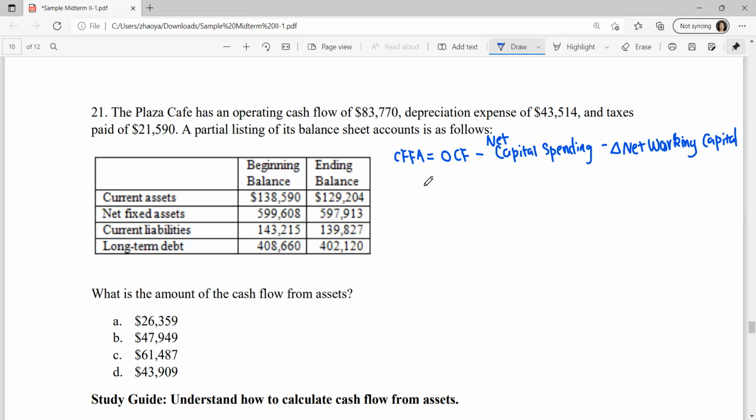Let's just do it step by step. We know operating cash flow is $83,770. Net capital spending equals the end balance of net fixed assets minus the beginning balance of net fixed assets, add depreciation.